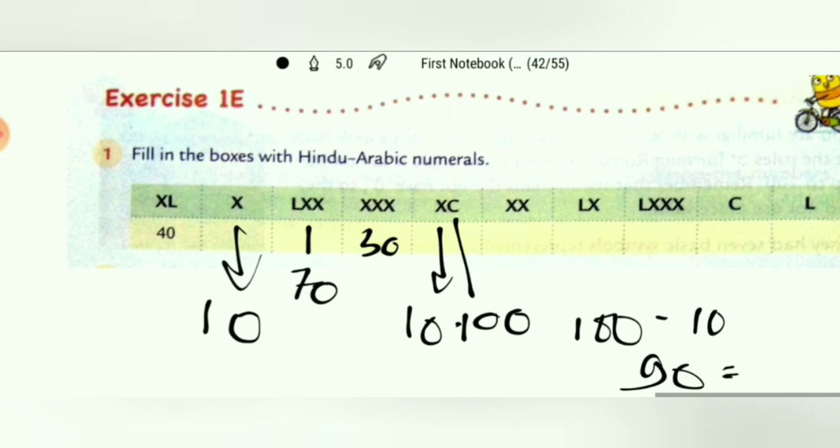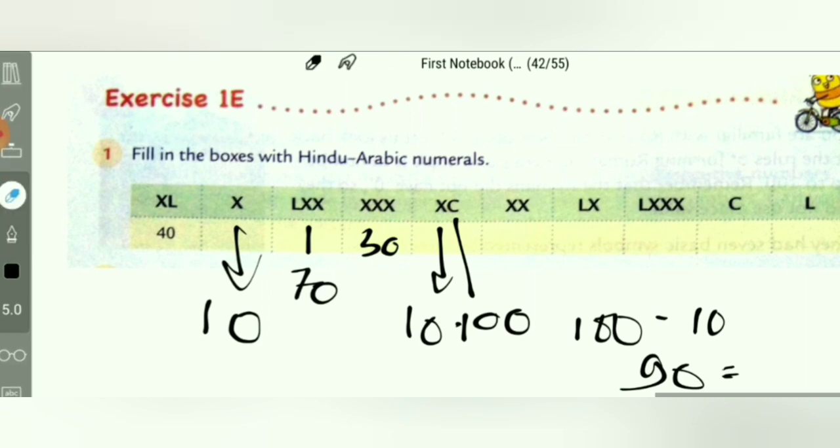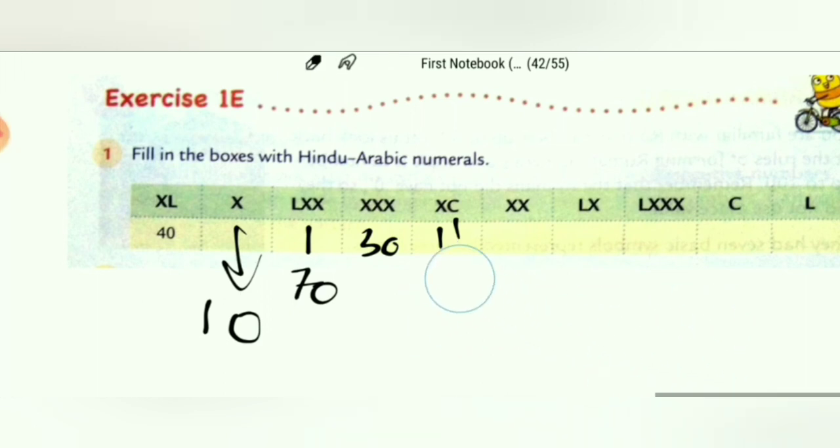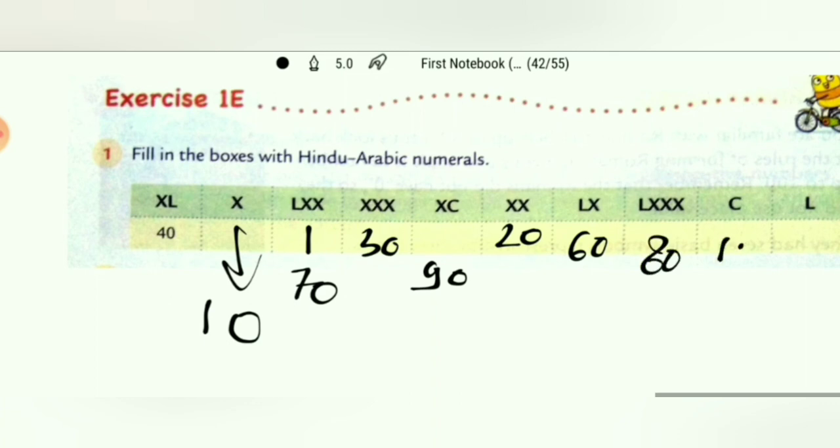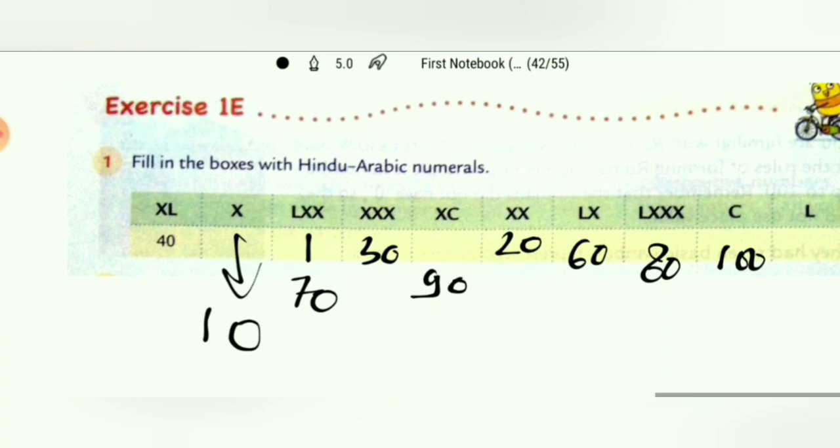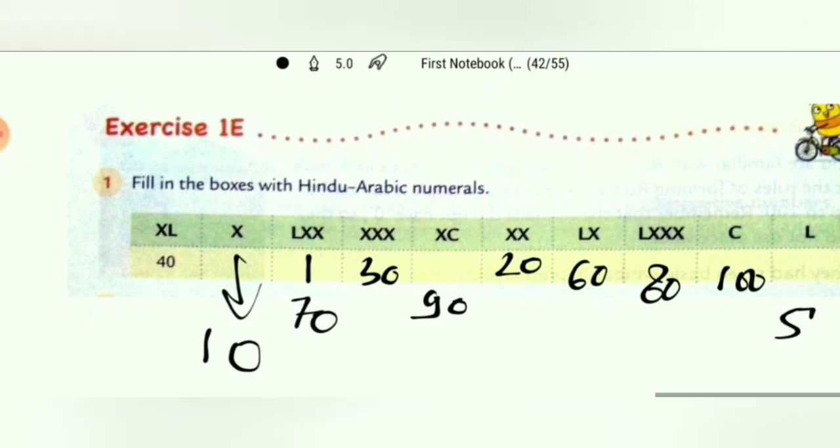So the answer is 90. XX is 20. LX is 60. 50, 60, 70, 80. This is 100. This is 50. Okay.